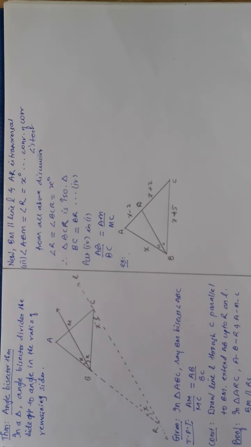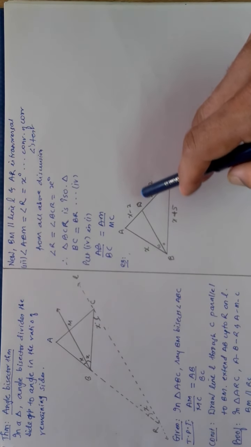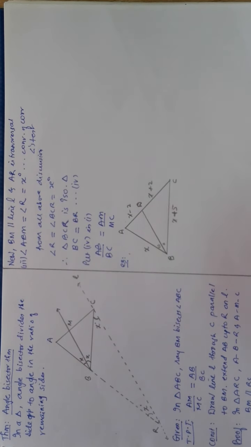Okay, let us go to one of the textual questions, a simple one. You can see here triangle ABC is there, in which the measure of angle ABD and the measure of angle CBD is the same, so the bisector is already given, and the sides are mentioned over here. So obviously you are going to find x over here.